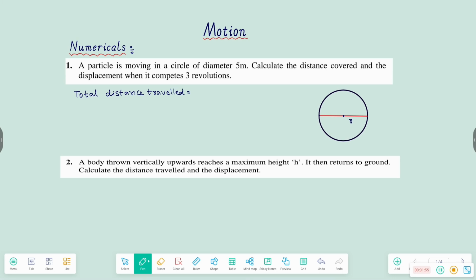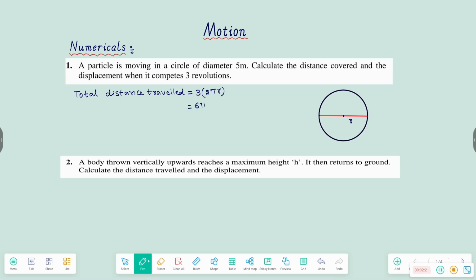If it completes 1 revolution, it covers 1 time the circumference of the circle, but it has completed 3 revolutions. So it is 3 times the circumference of the circle. The circumference of the circle formula is 2 pi r. So 3 times 2 pi r, which is 6 pi r.